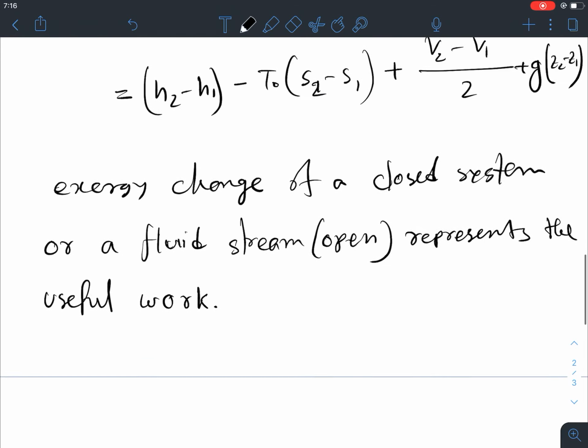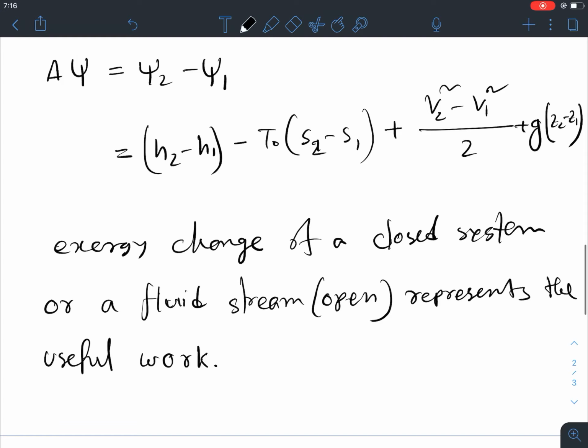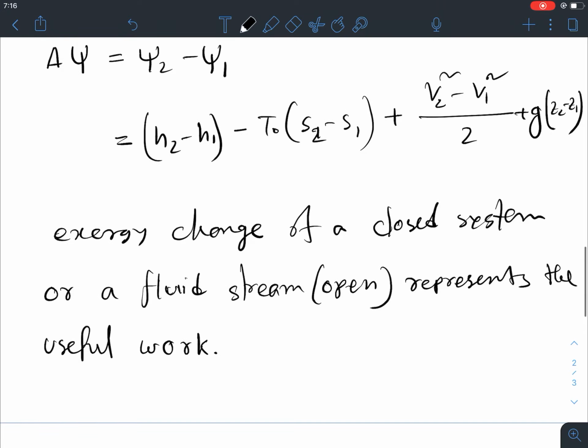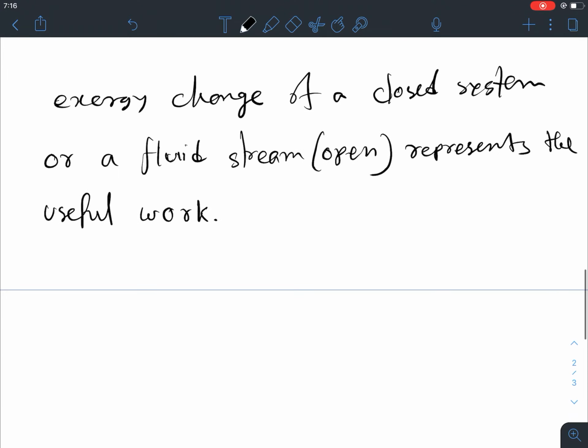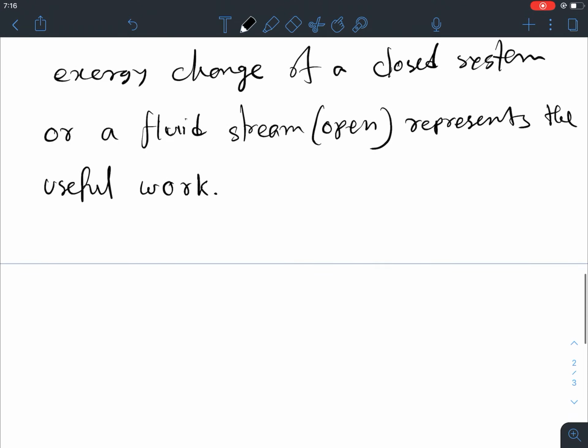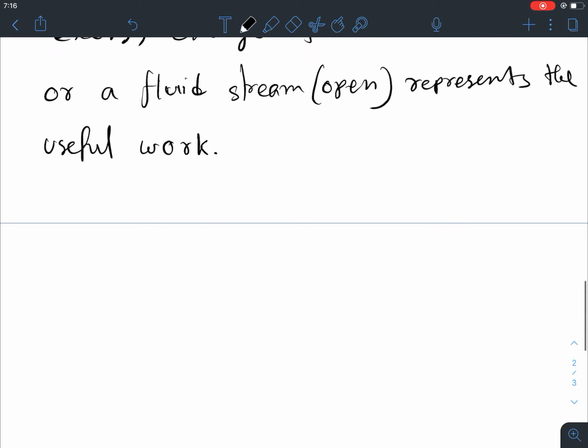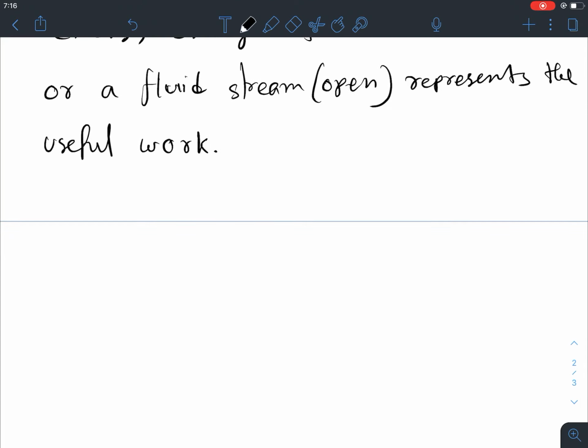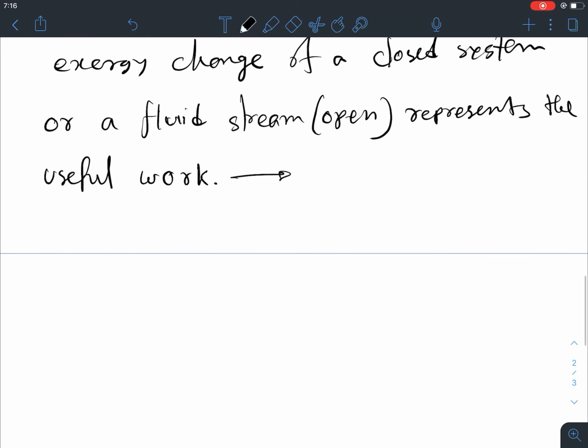If I ask you to determine the exergy change or the useful work of a thermodynamic system that is undergoing from state 1 to 2, then you have to determine the exergy change, which is basically the representation of the useful work.